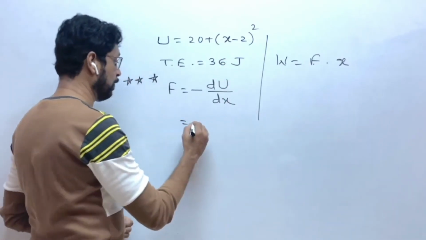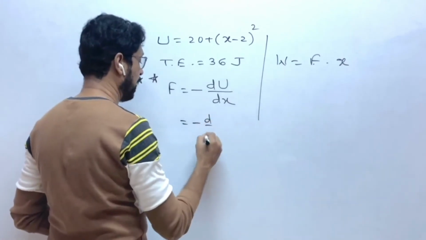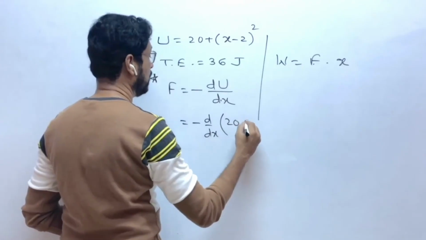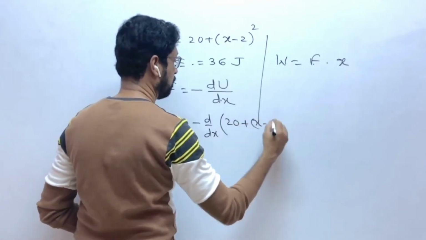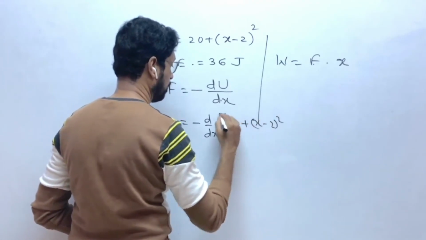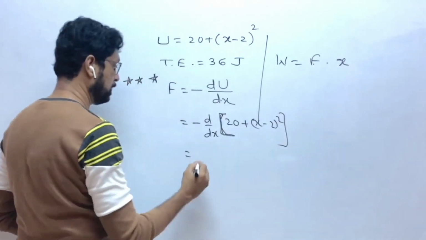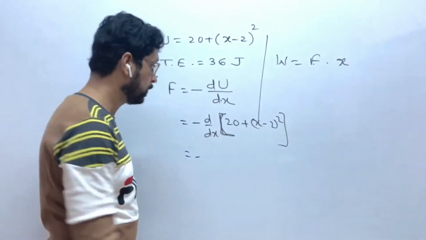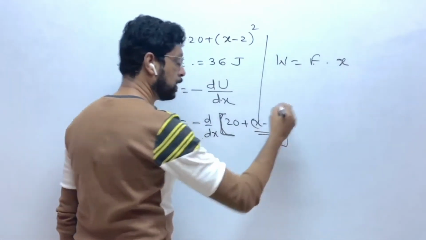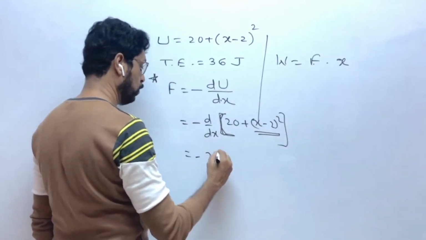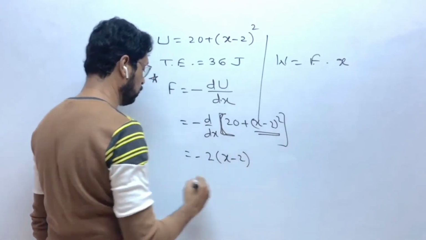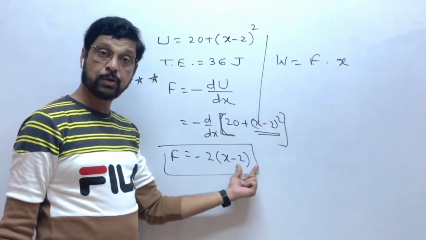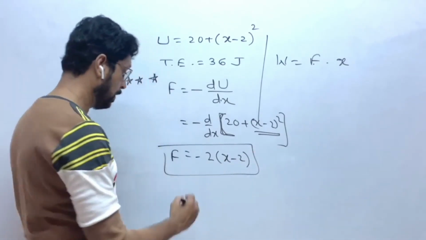So F will be equal to minus d by dx of u, that is 20 plus (x minus 2) square, that is equal to minus derivative of 20 is 0. Derivative of (x minus 2) square will be 2 into (x minus 2). So F is equal to minus 2 into (x minus 2).